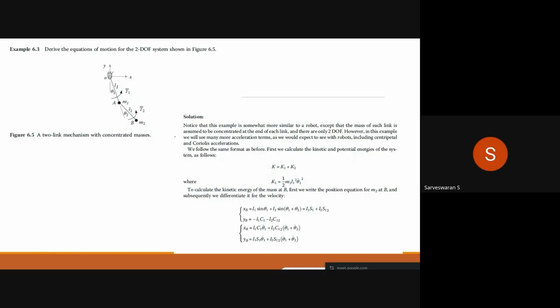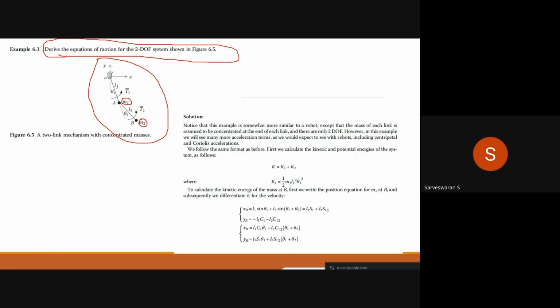So I will give you an overall idea how we are solving this. This is the equation of motion we have to solve. This is the robot that will be provided, and we have to derive the equation of motion for a 2 DOF system. So you have a robot with link L1. This is a concentrated mass at the end, and this is M2.